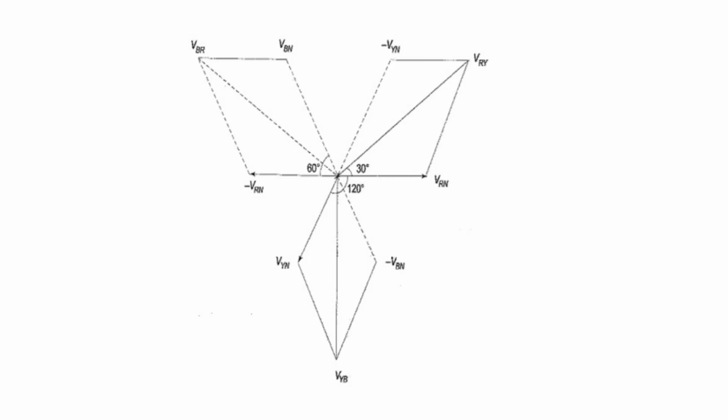Now coming to the expression for power. Power P equals 3 V phase I phase cos phi. Now you can write it as root 3 into V phase, root 3 I phase cos phi.